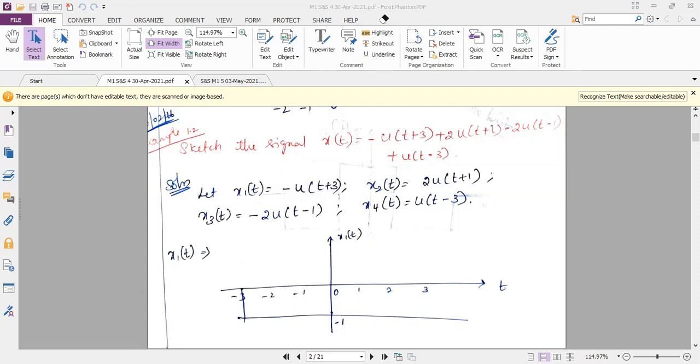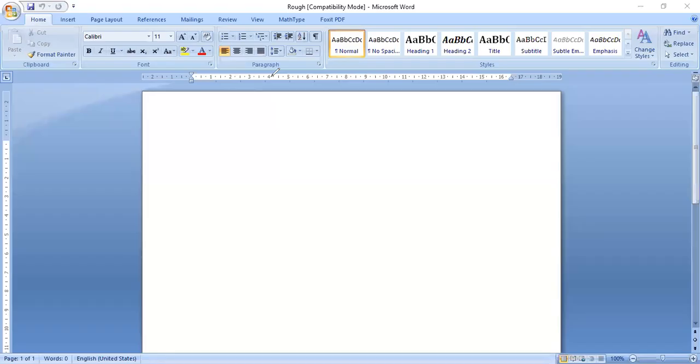So I will just take the empty sheet so that I can show the diagram properly. Now I have to draw each expression separately. My first one is minus u of t plus 3.